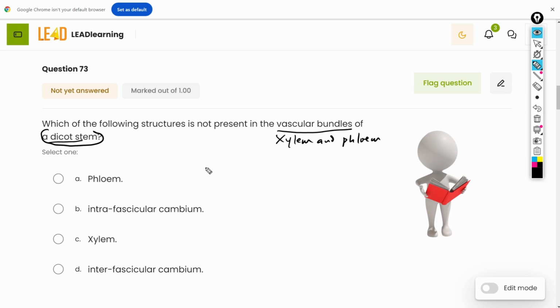when we look at the structure of the stem, generally in the stem, when the cambium is present between the xylem and the phloem, it is called an intrafascicular cambium.